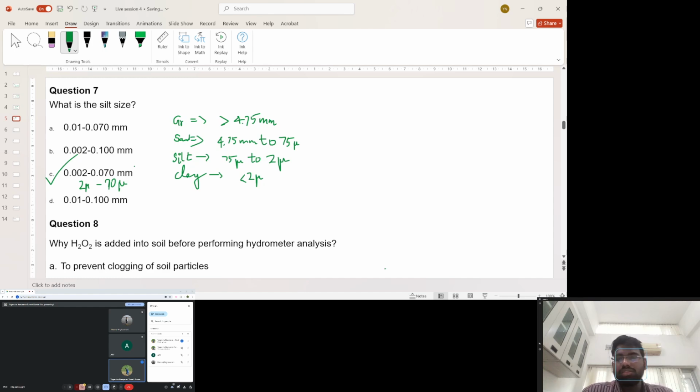Here the important thing is these are classifications purely based on sizes. You should not get confused with the term clay here, which specifies the clay sized fraction. It does not necessarily have to be clay. Silt sized fraction, sand sized fraction, and gravel sized fraction.